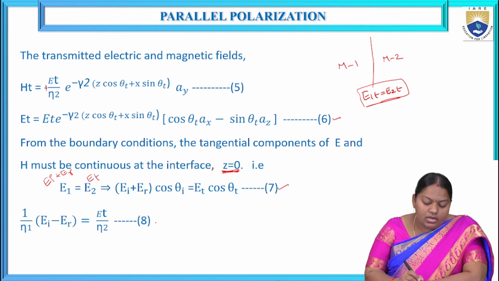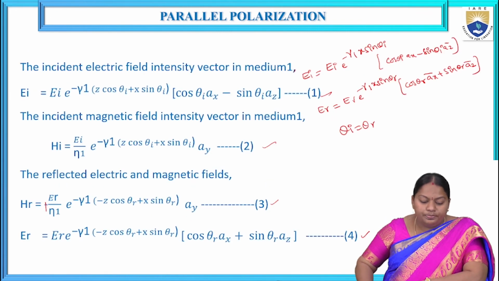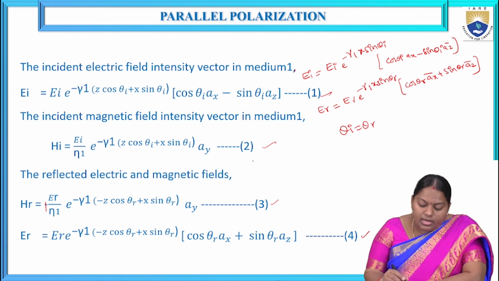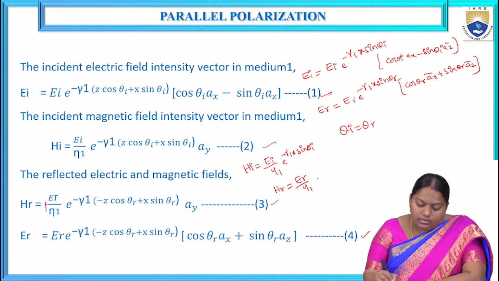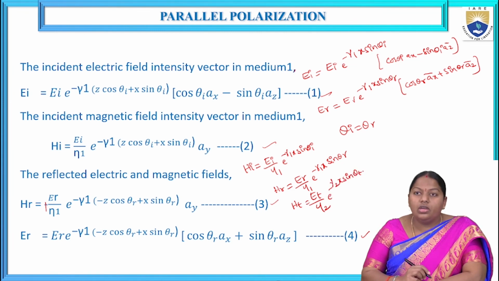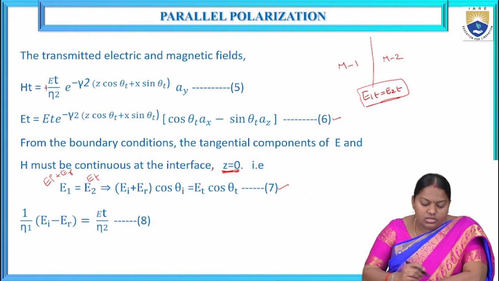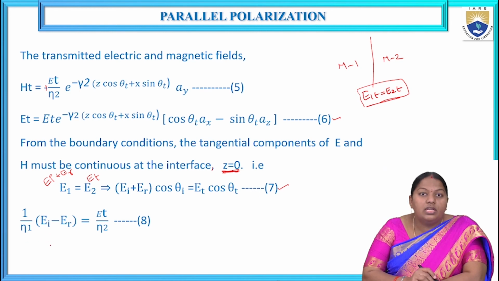And if you consider the other relations, for the H equations there also, if you substitute z by 0, Hi can be written as Hi equal to Ei by eta 1 into e power minus gamma 1 x sin theta I. Now HR equal to ER by eta 1 into e power minus gamma 1 x sin theta R. Similarly HT equal to ET by eta 2 e power minus gamma 2 x sin theta T. By comparing these, we get 1 by eta 1, because this eta 1 is common for the incident wave and reflected wave, and these two exist in medium 1 only.